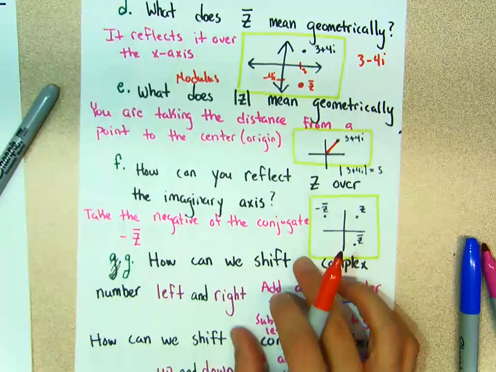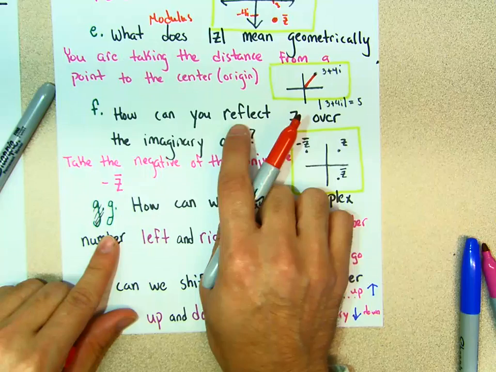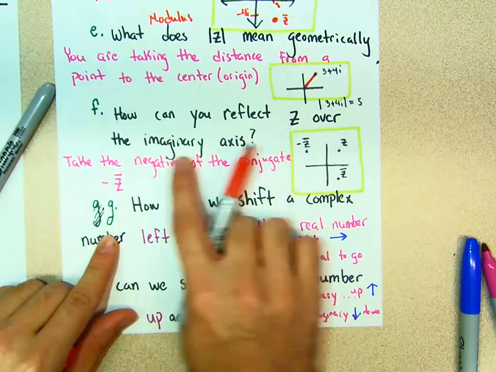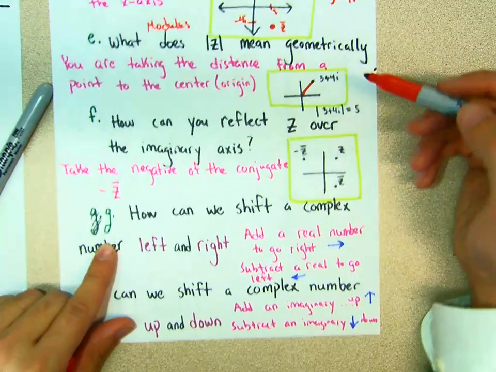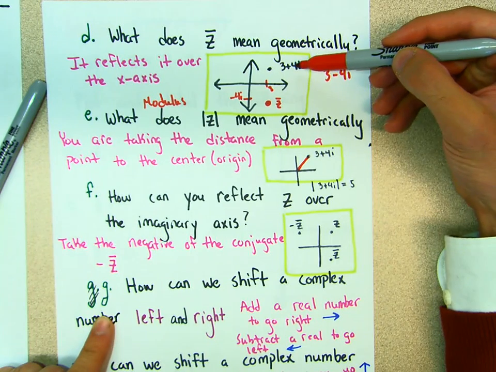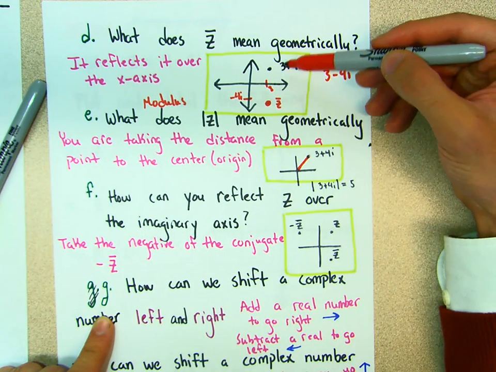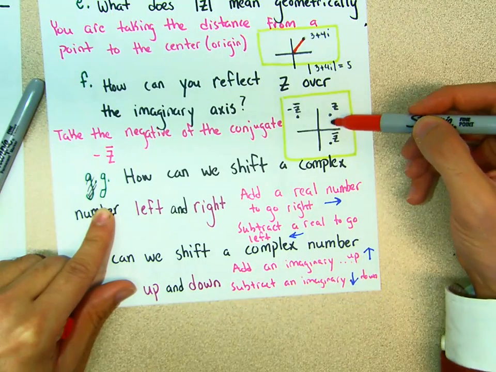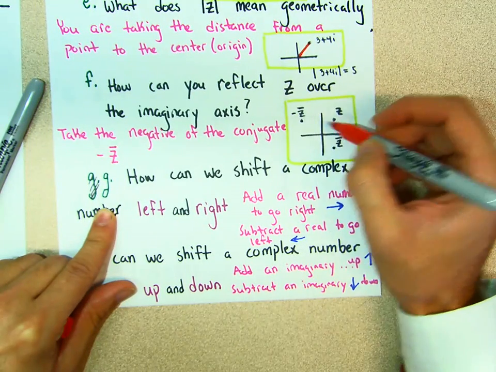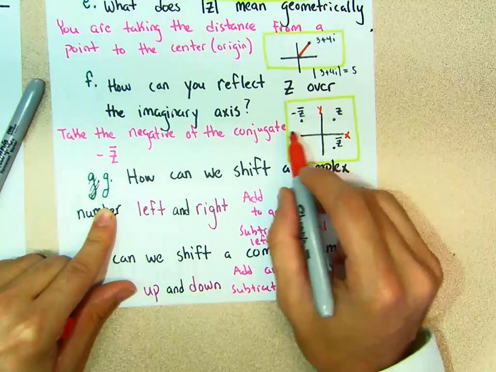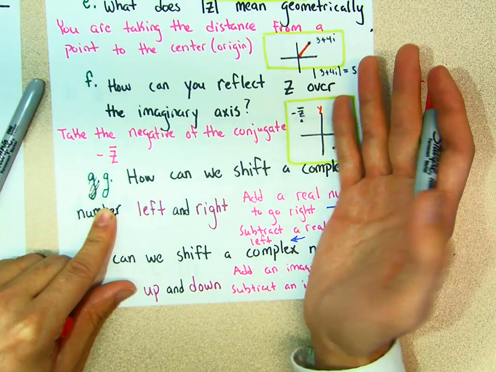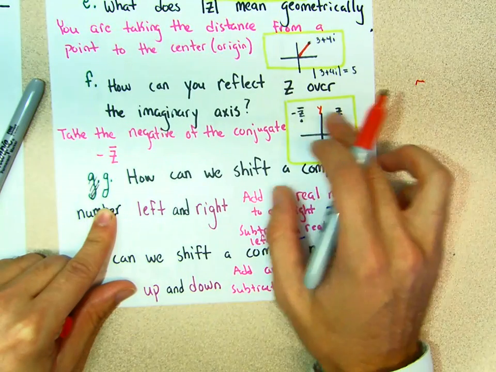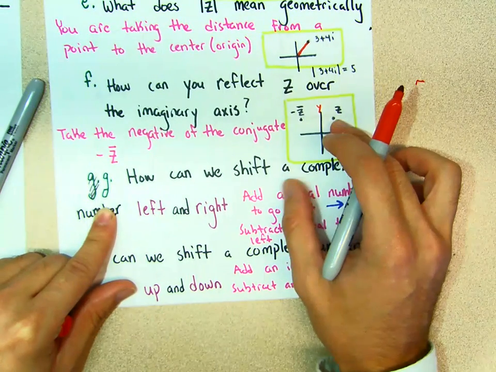Here, how do I reflect over the imaginary axis? So let's try and look at this example again. Like, this is 3 plus 4i, and this is the conjugate. So the conjugate reflects over the x, but if I take the negative of the conjugate, it reflects it over the y. And we showed this many times in class, okay?